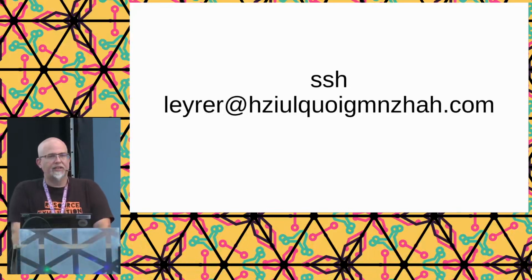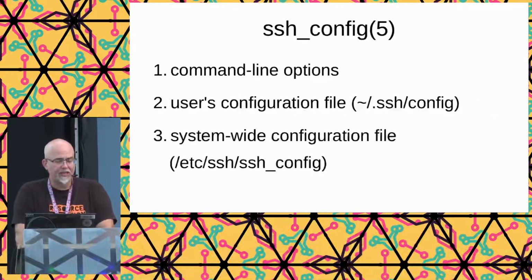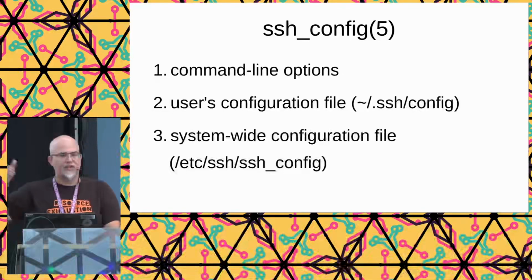The SSH feature that we are going to use, and which I will spend a lot of time on, is called ssh_config. If you do a man 5 ssh_config, this is the information you will get. This is a lot more condensed than the man page. Basically, you can configure your SSH command through the command line options, username@host, and a few other parameters.